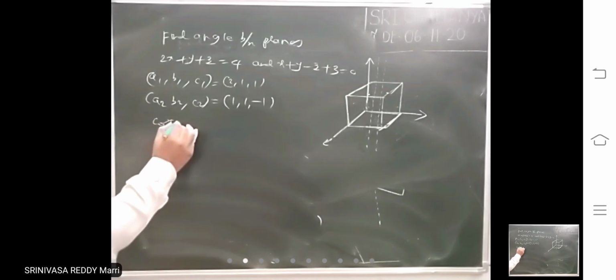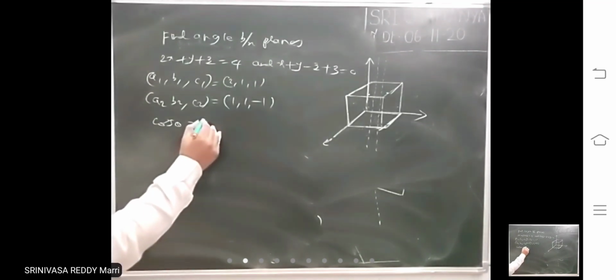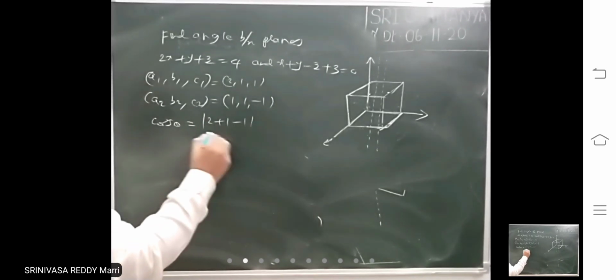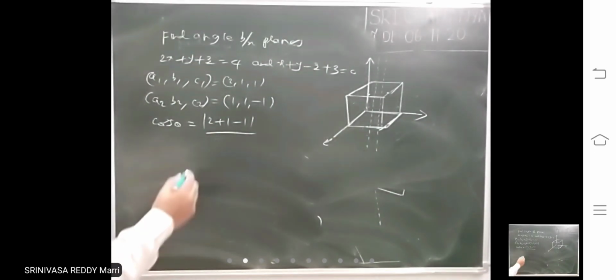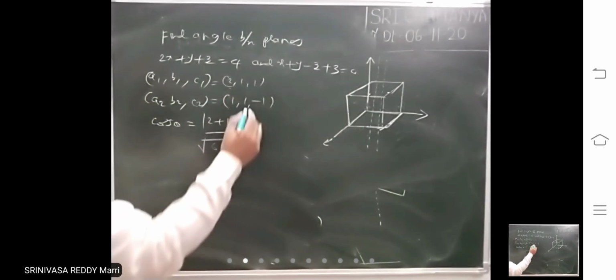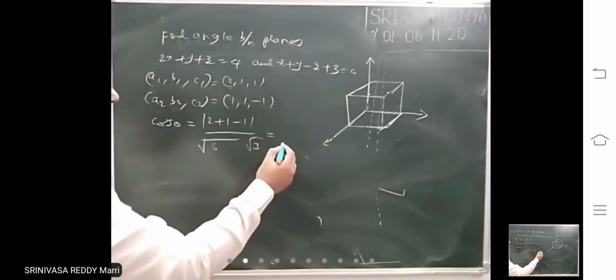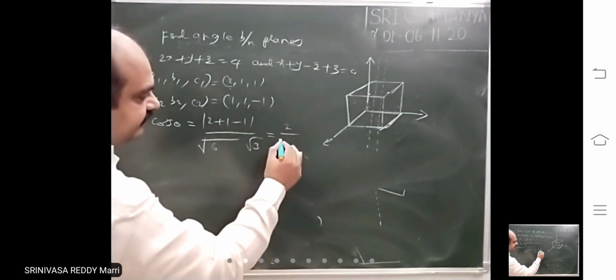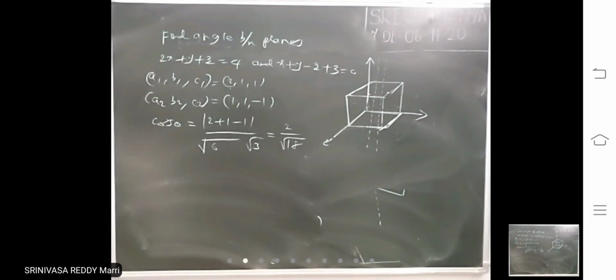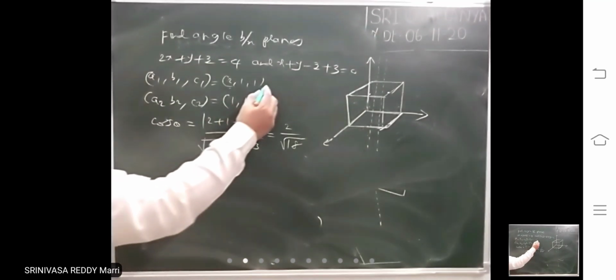Therefore cos theta is nothing but modulus of 2 plus 1 minus 1 divided by root of 6, that is 4 plus 1 plus 1, into root 3. That means 2 divided by root of 18. This is the angle between two planes.